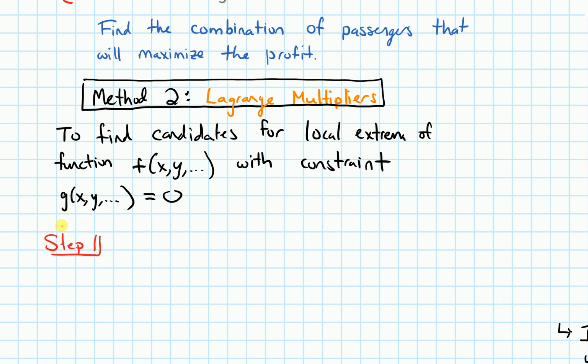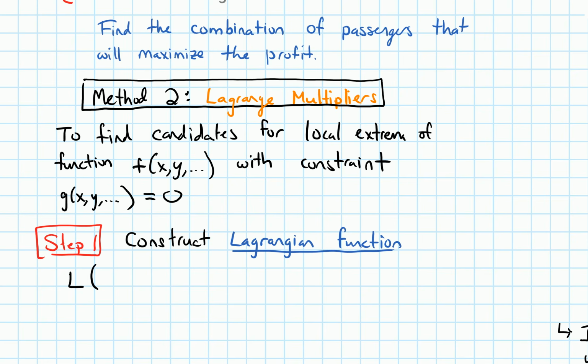So there's two key steps to this. Step 1 involves constructing what's called the Lagrangian function. And the Lagrangian function I'm going to call L for Lagrange, L of x comma y comma dot dot dot, depending on how many variables there are.